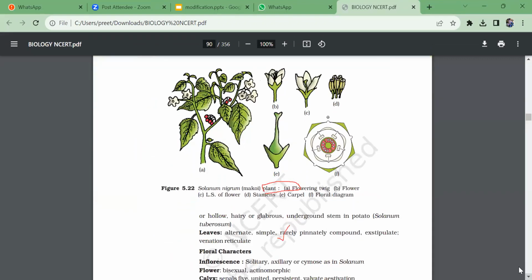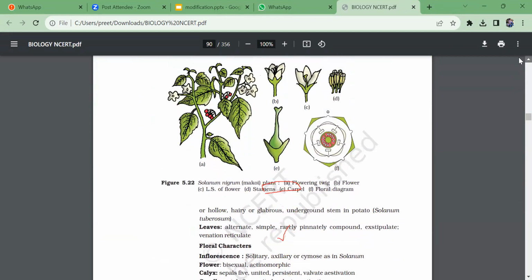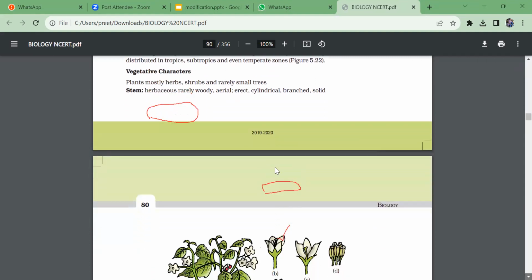Okay. Next family is Solanaceae. The third family is Solanaceae, like potato and tomato. You are all familiar with this family. Tomato, potato, brinjal belong to the family Solanaceae.